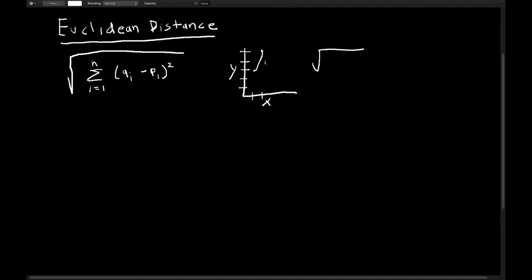Call it D. It's going to be 2 minus 1 squared plus 5 minus 3 squared.